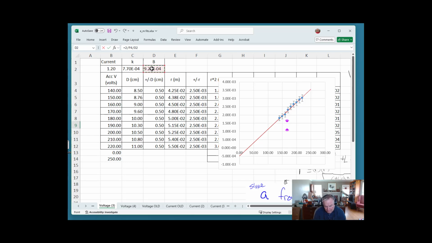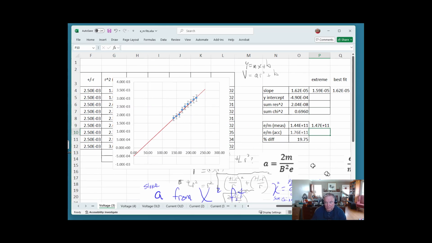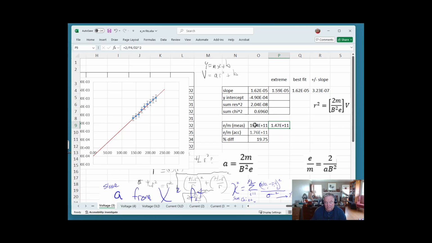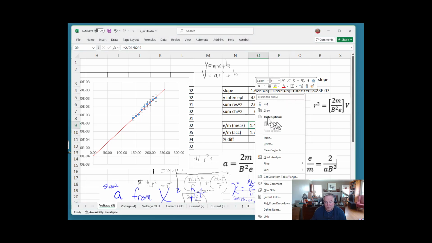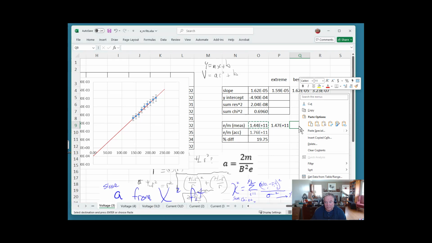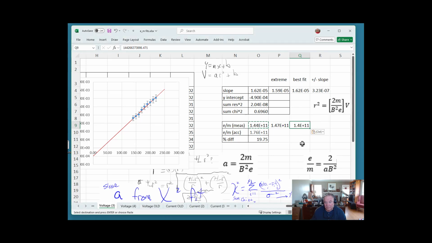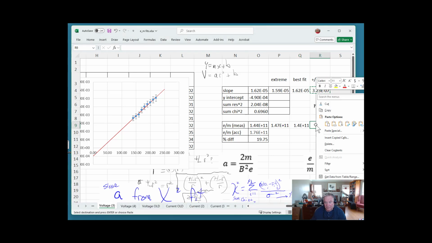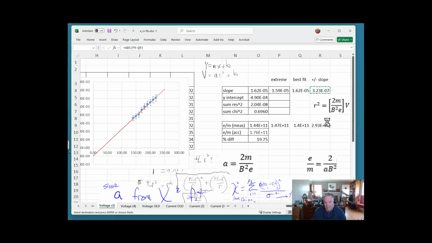Here it is. And now we'll just copy, paste the number here just so it's consistent with what's up above. And then we can copy this. And this is the plus minus.